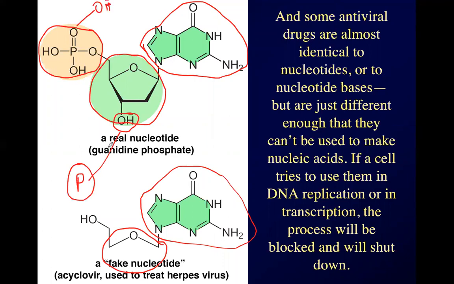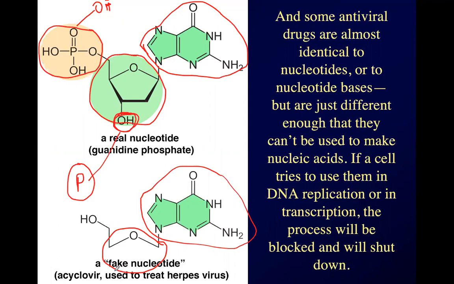So what holds those sides of the twisted ladder together is bonds between the phosphate and this OH group on the sugar. Here there is no OH group, so a cell will try to use this to make DNA or RNA, but it's faulty. And if it gets any of this in its own DNA, it can't make the DNA grow any larger. That blocks DNA replication and it blocks transcription.